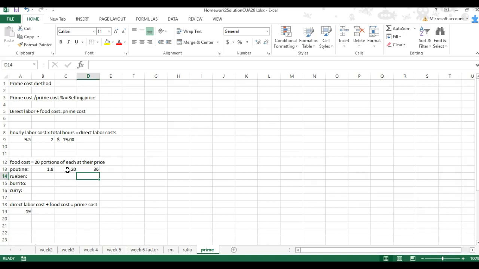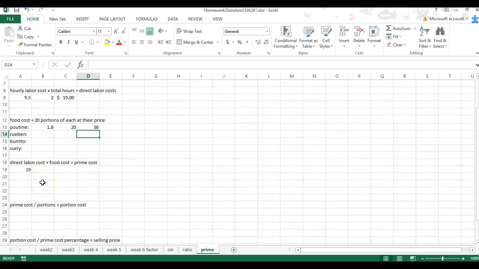That gives us $36 that it costs us to make the 20 portions of the poutine. Follow that on through all the way till we get this number. Now that we know their price, let's make this easier and put in the dollar symbol. All right, $36.